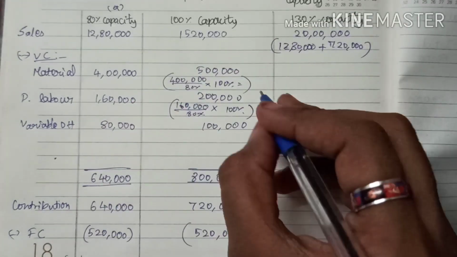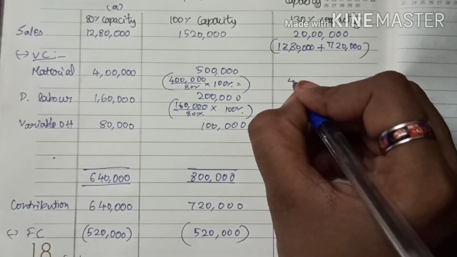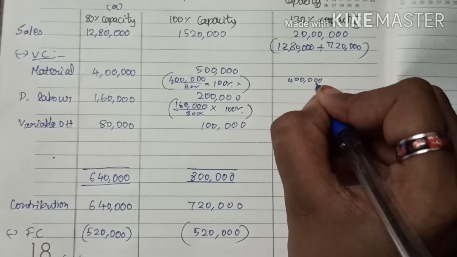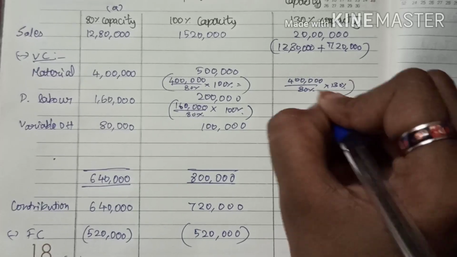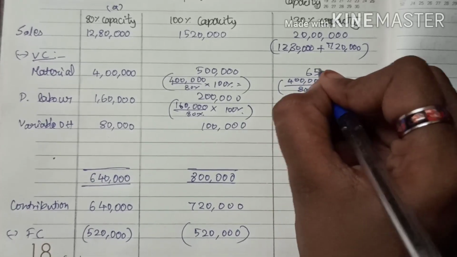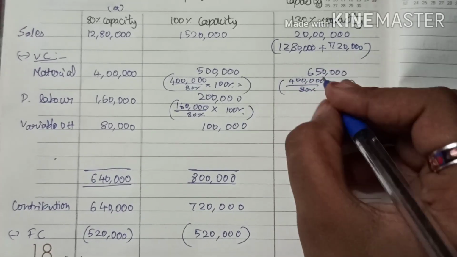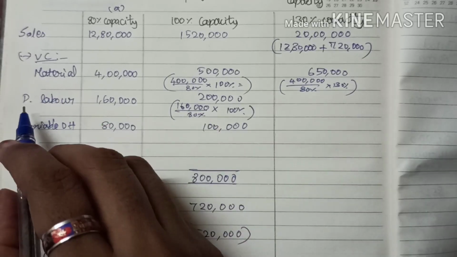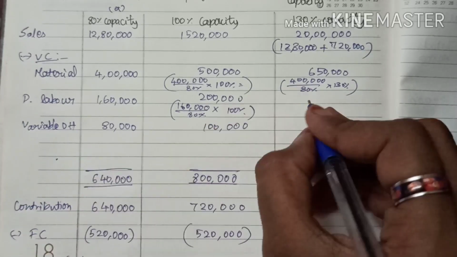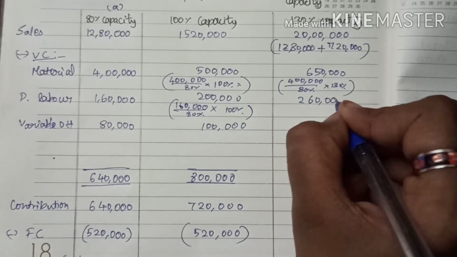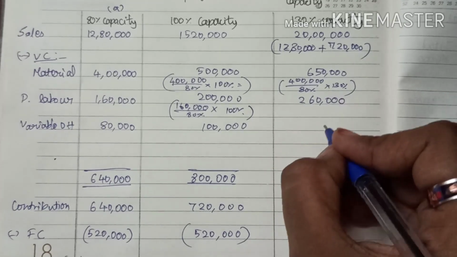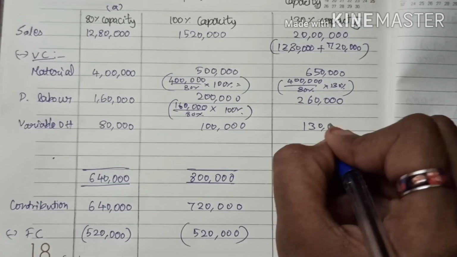And then variable cost is, you do same like this, that is 4 lakh is for 80%, and for 130 percentage you will get 6,50,000. And the same you do like this for direct labor and variable overhead. Then you will get 2,60,000 and 1,30,000.